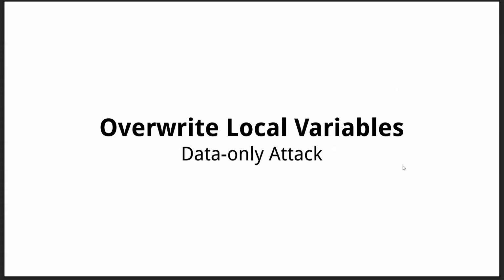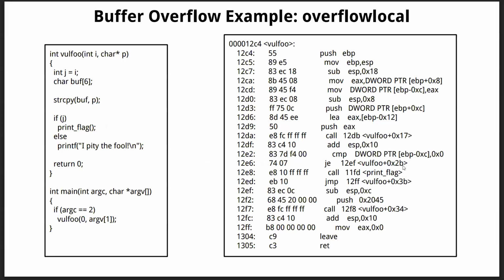Okay. Then let's continue. We are going to do our very first attack today, or in this class. We are going to do an overwrite of a local variable. This is a data-only attack. Okay. The program we're going to attack is called overflow local.